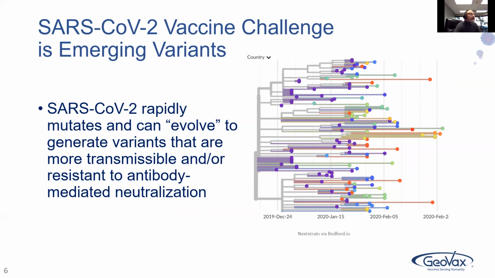This figure simply shows the level of genetic variation that we're seeing early in the pandemic, from December 2019 to February 2020. You can see a lot of variation showing up in SARS-CoV-2 as it spreads through the population. And of course, if these mutations are in the S protein, then there's a chance that it will impact the efficacy of neutralizing antibodies.